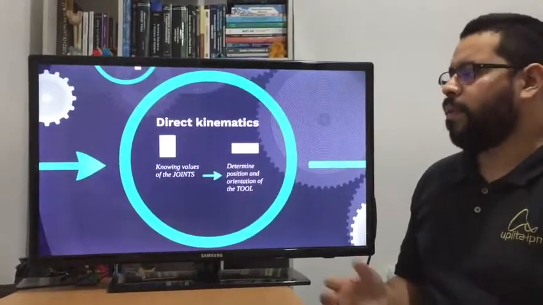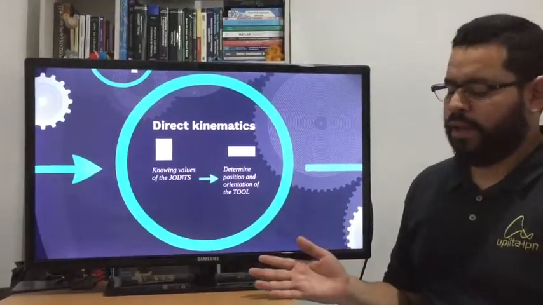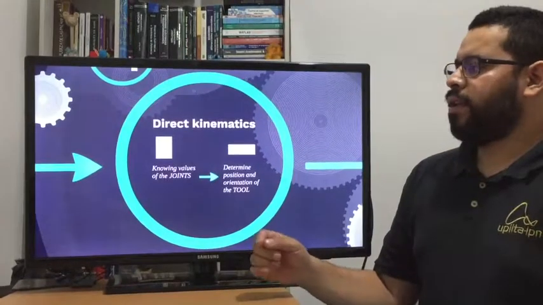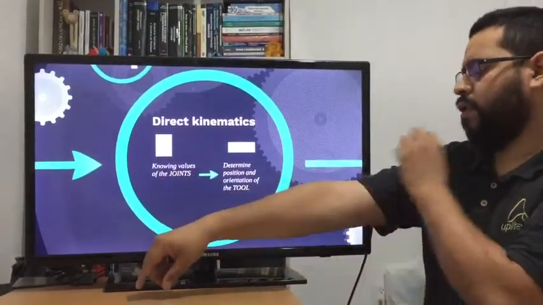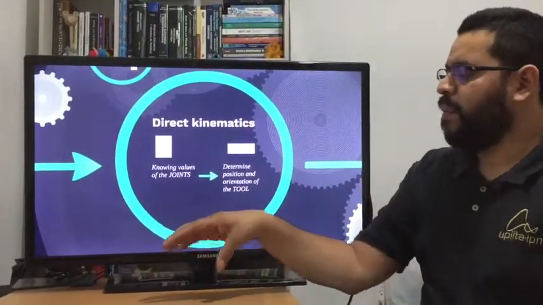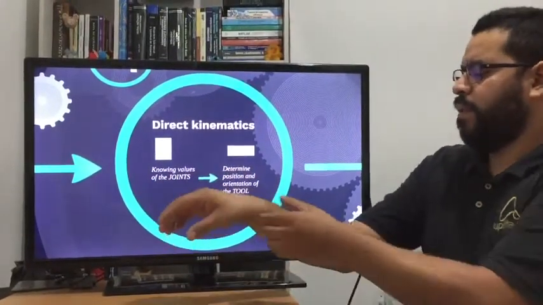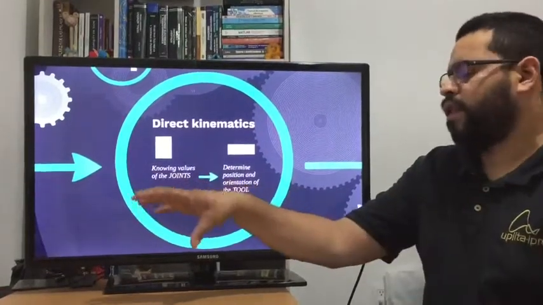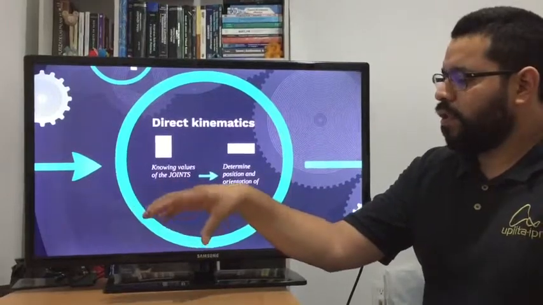Robot kinematics can be broken down into two smaller problems. First is the so-called direct kinematic problem. That is, if I know the values of the joints of the robot, then I should be able to determine the position and the orientation of the tool. So given some values of the joints, we determine through an equation the position and the orientation of the tool.